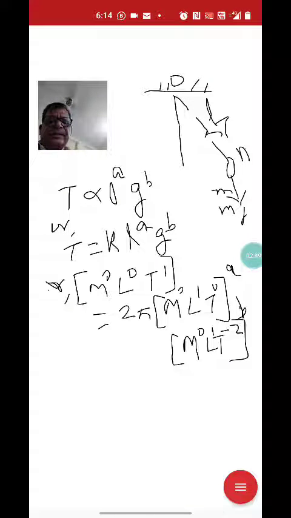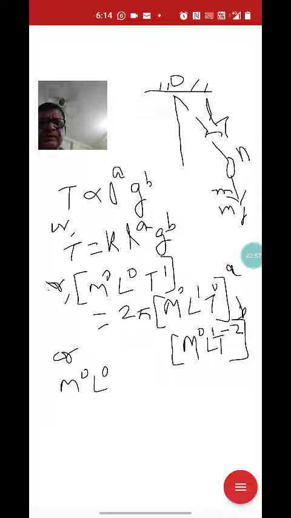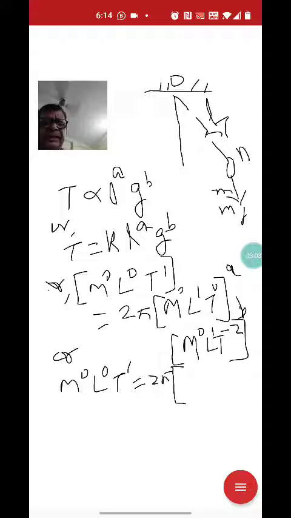Now comparing the dimensions on both sides, we can again write M to the power 0, L to the power 0, T to the power 1 equal to 2 pi, and here the power is added for M. So M to the power 0 multiplied by a, and M to the power 0 multiplied by b is 0, so M to the power 0.